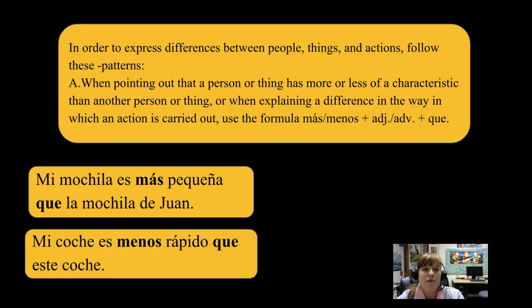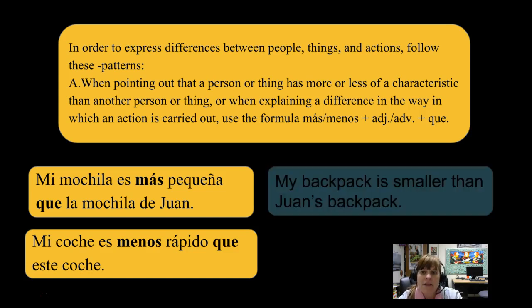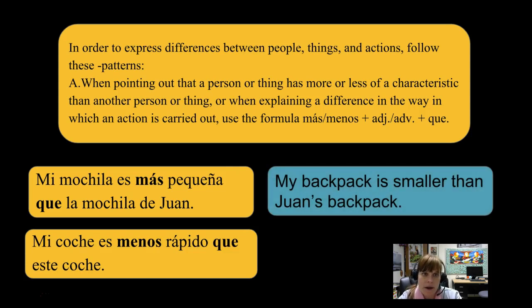So in order to express difference between people, these are the examples that you guys have on your cheat sheet. So, mi mochila es más pequeña que la mochila de Juan. So can you translate this sentence? I changed a lot of the examples that were in the book to vocabulary that you'd be more familiar with. So my backpack is smaller than Juan's backpack.